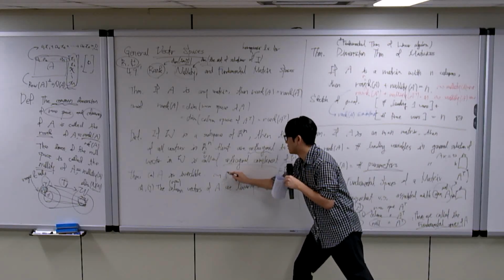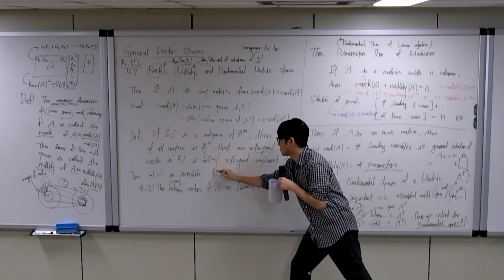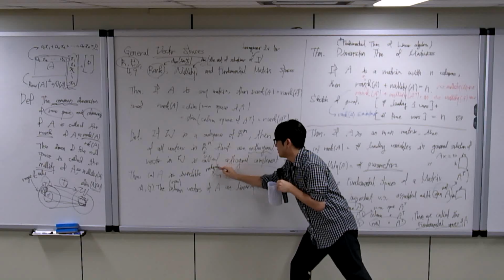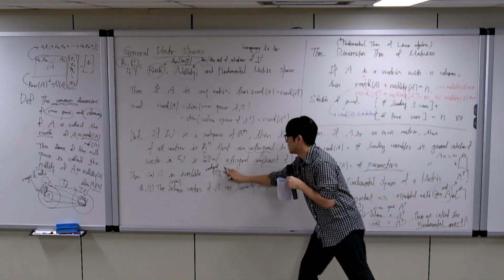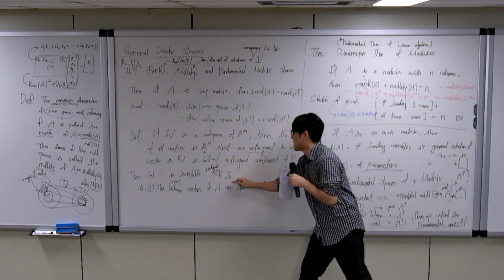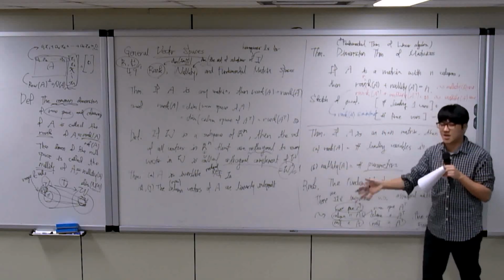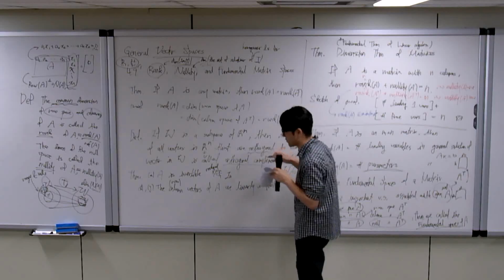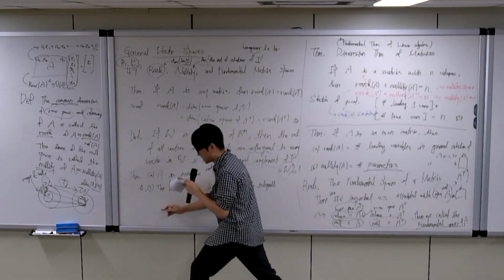The identity matrix has all linearly independent column vectors and row vectors. So it makes sense.